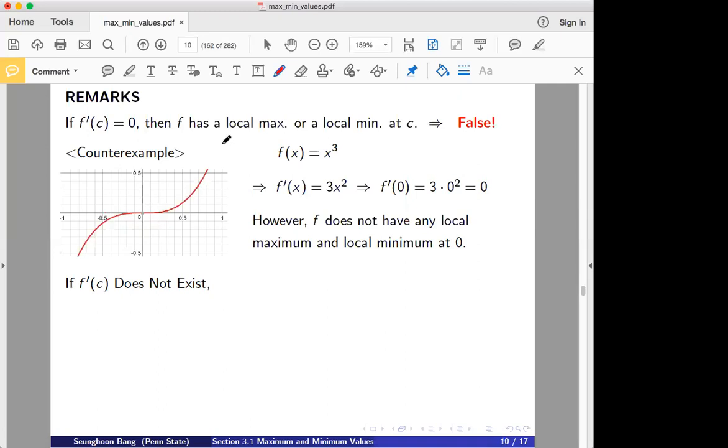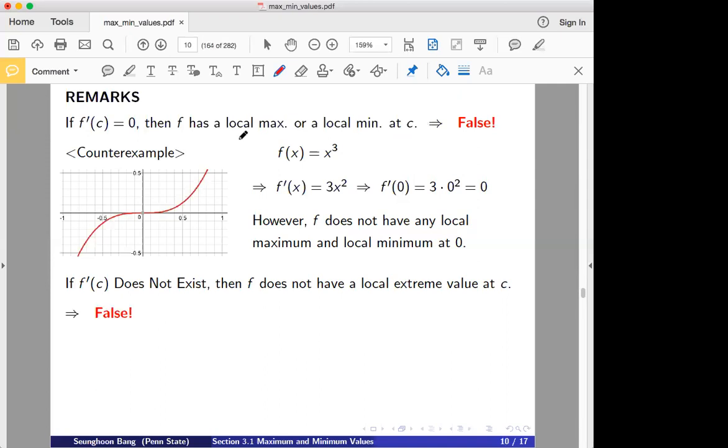If f prime of c does not exist, then f does not have a local extreme value. The extreme value is a maximum or minimum. What do you think? Is this statement true or false? It's true?